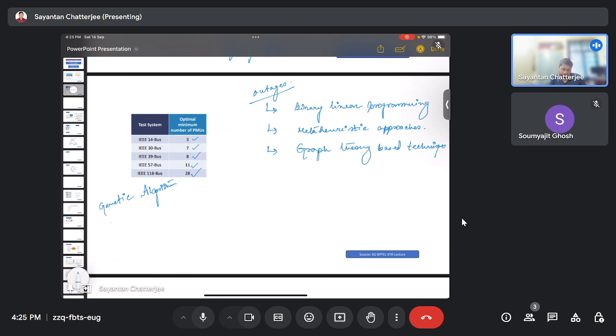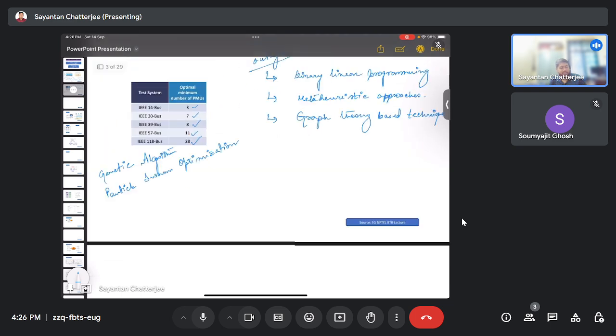We can also say that each and every technique has its advantages and disadvantages, so you can directly find that in the lecture itself.